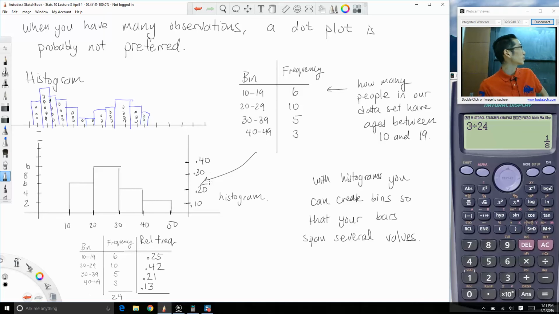And so if you want to create a histogram but use relative frequencies instead of the actual counts, that's completely allowed as well, okay? And so you can have a histogram or a relative frequency histogram.